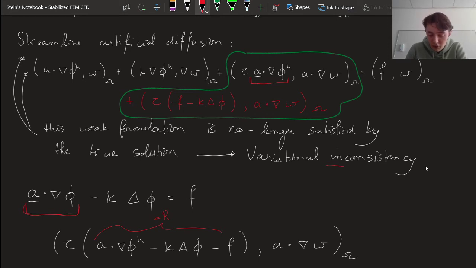So the residual is defined as the right-hand side f minus whatever we have on the left-hand side in the strong form of our partial differential equation, which we typically write as simply L times phi, with this being our differential operator.